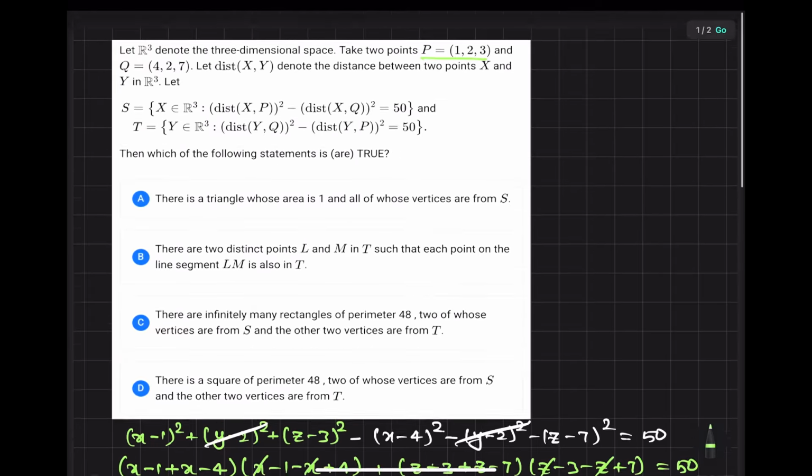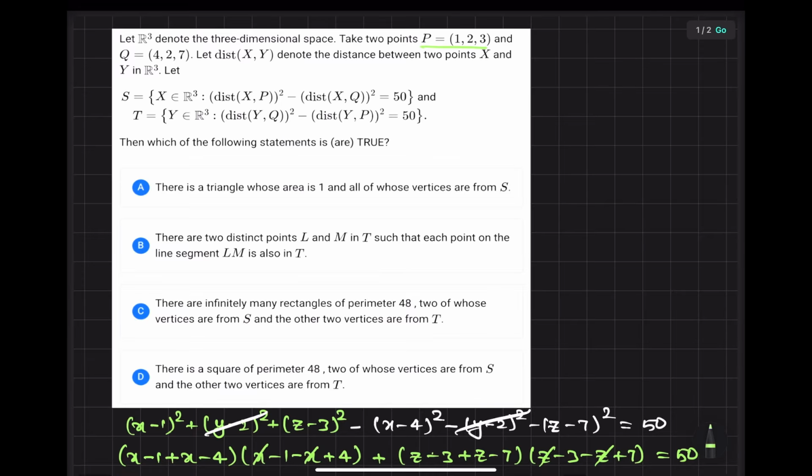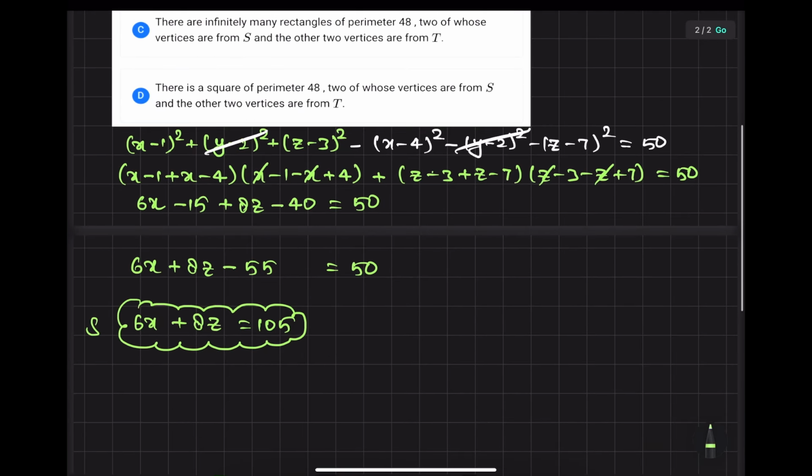Now think about T. T is the negative of this side, correct? I will change the order: the order is changed, like white is written first and green is written next. So if I multiply this thing with minus, we will get T. If you are not comfortable, just do the same thing and you will get T as minus 6x minus 8z plus 55 equals 50.